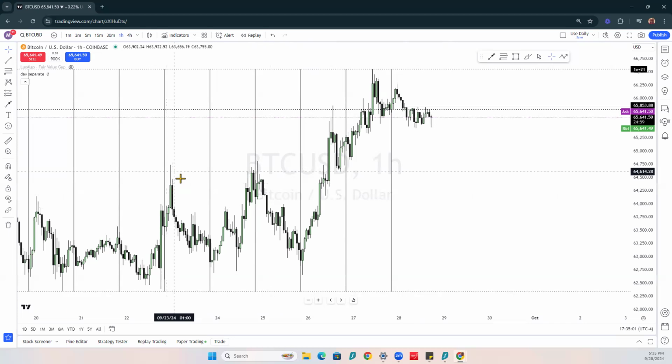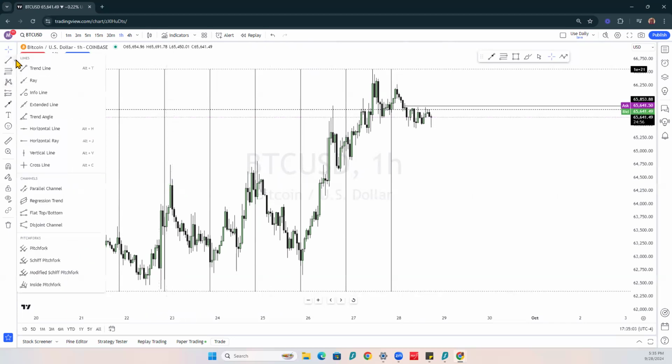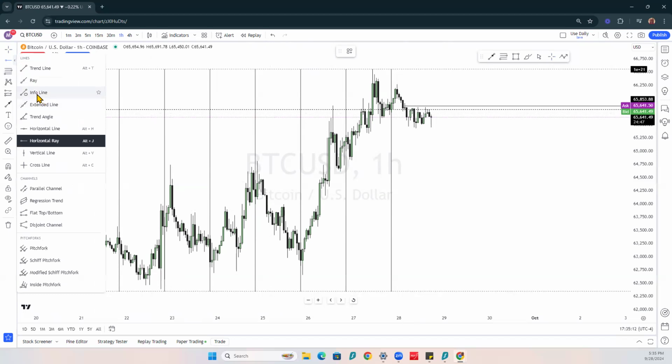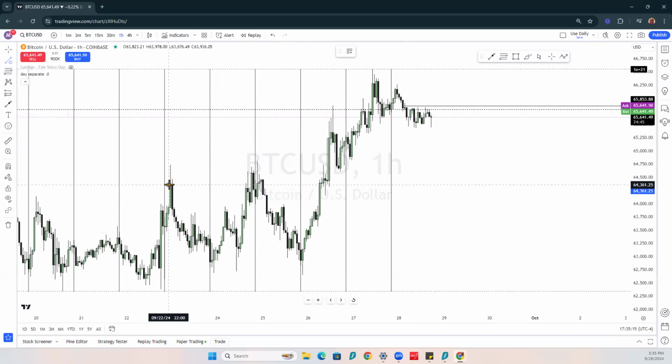But there is a neckline. So if we look at this high here, let me just mark it out for you. We use this tool. Here's a high, that's the day's high right there. And we're going to mark the day's high on this one right here. So this is a high, this is a high. There are two highs on this particular day and that particular day.